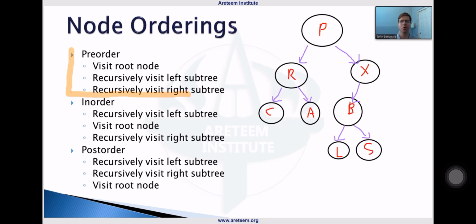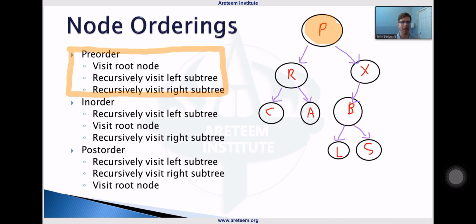So the other ones are fairly straightforward here. I want you guys to practice those, of course. But let's talk about the pre-order stuff here. So step one, visit the root node, right? So we visit the root node here, and that is visiting P. That will be printing out P or returning P in our list, however we want to do this.